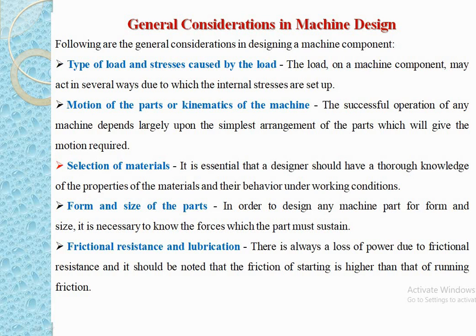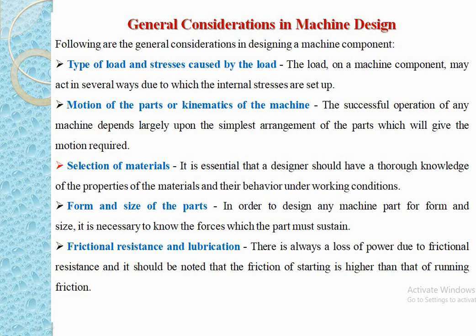In order to design any machine part for form and size, it is necessary to know the forces which the part must sustain, and it is preferable that we use the smallest cross section whenever it is possible. It is also important to anticipate any suddenly applied or impact load which may cause failure. So to take into account these factors, the form and size of the part is also one of the essential parameters.